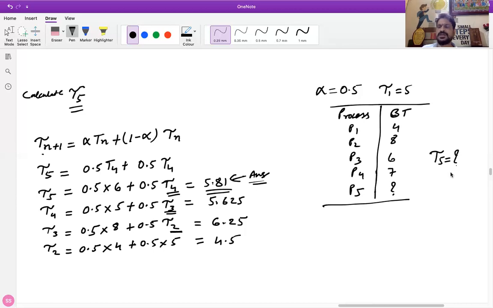So I think with this particular formula, you can put in the values and get the predicted burst time of process 5. Yes, this is how it will be done. So I think you understood the flow here.